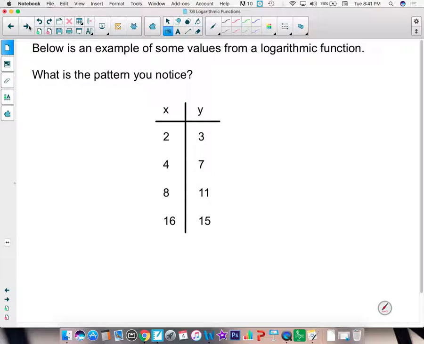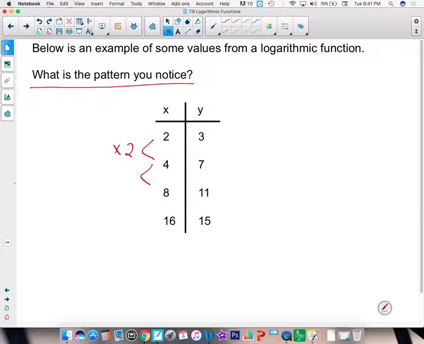Pause the video and write this down so you have something to reference. So what's the pattern we notice? Well, since we're working on a function of logarithms, it's probably going to follow the logarithmic pattern, which means we're going to multiply on the left and add on the right. Looking at the numbers on the left, assuming we're multiplying, this would be times 2.